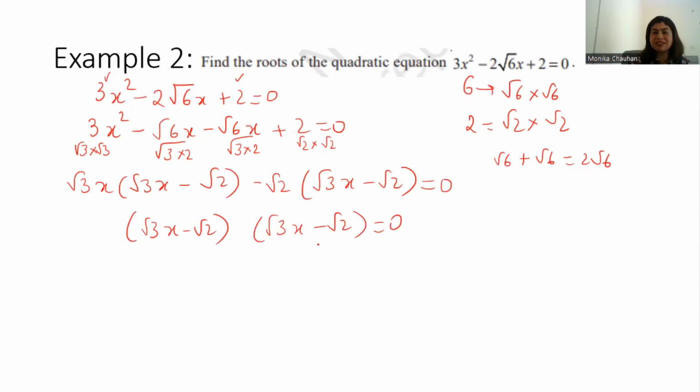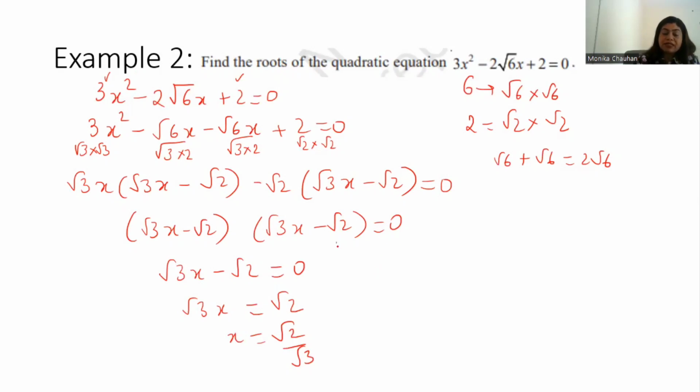Both the brackets look exactly the same. Don't you think so? Yes, it is exactly the same. They're equal roots, repeated roots. So it is equal to 0, and the value for x will be root 2 upon root 3. And these are equal and repeated roots.